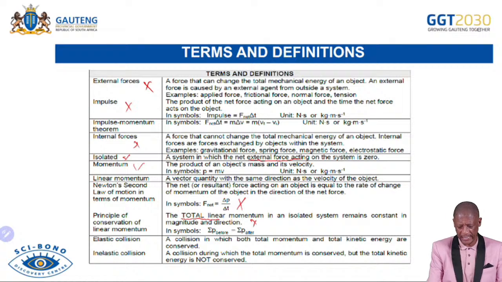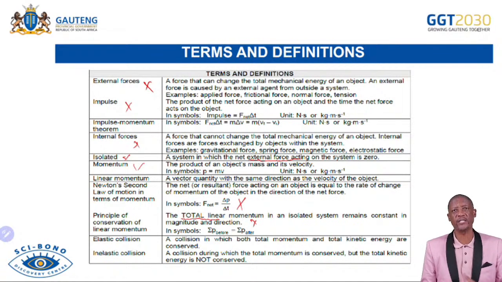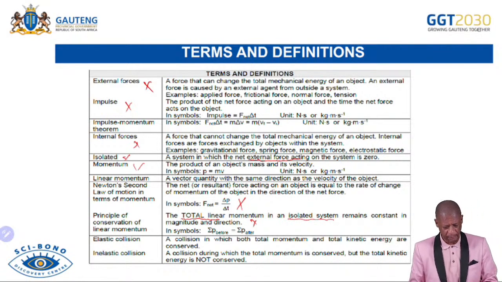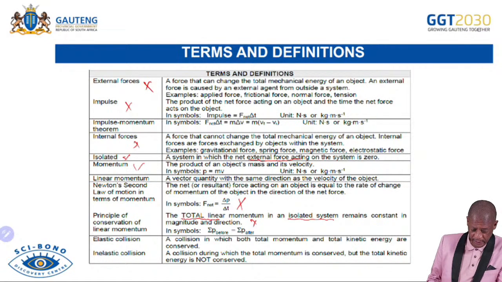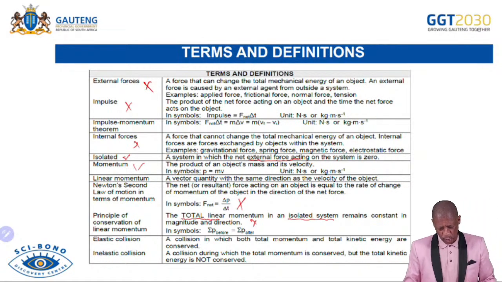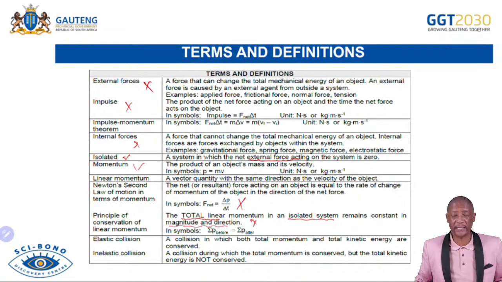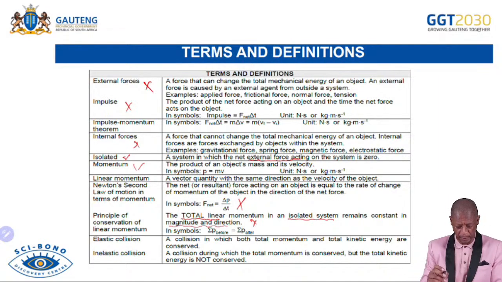The total linear momentum in an isolated system; we have this isolated, we don't exclude it. It must be put there, and we have defined what an isolated system is. Remains constant in both magnitude and direction.